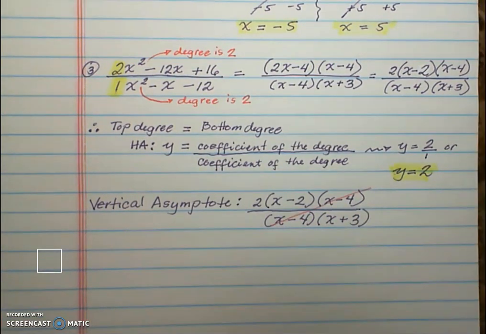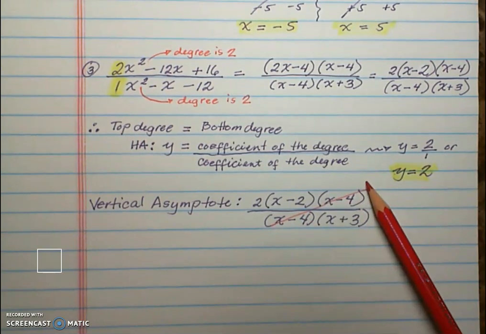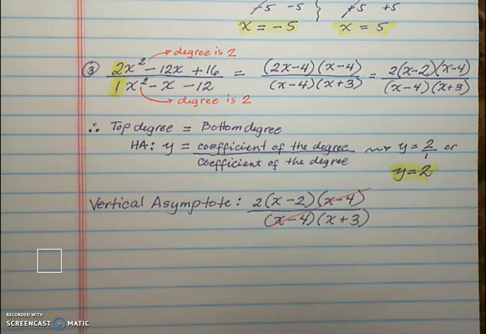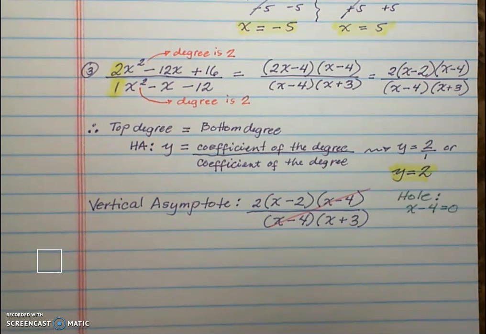All right, before I go into the vertical asymptote, I would like to explain what happened whenever we cancelled this out. It created a hole. So what is a hole and where exactly is this hole found? Set your x minus 4 equal to 0 and then solve for x.